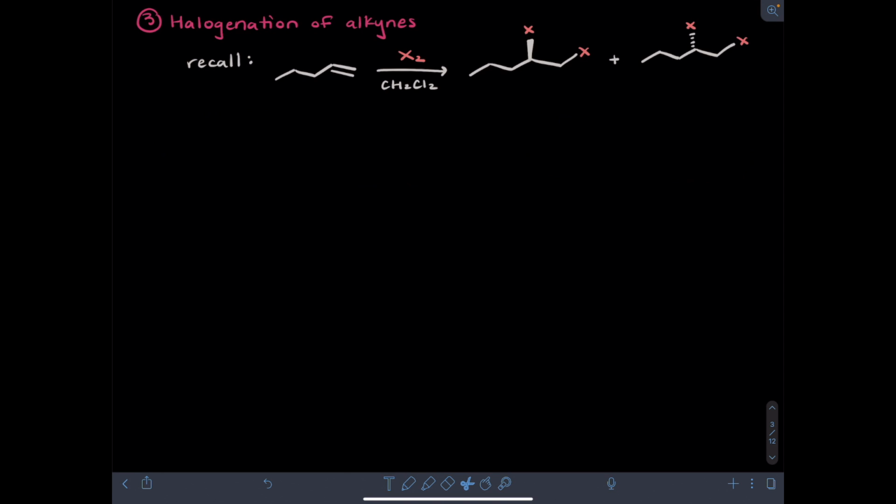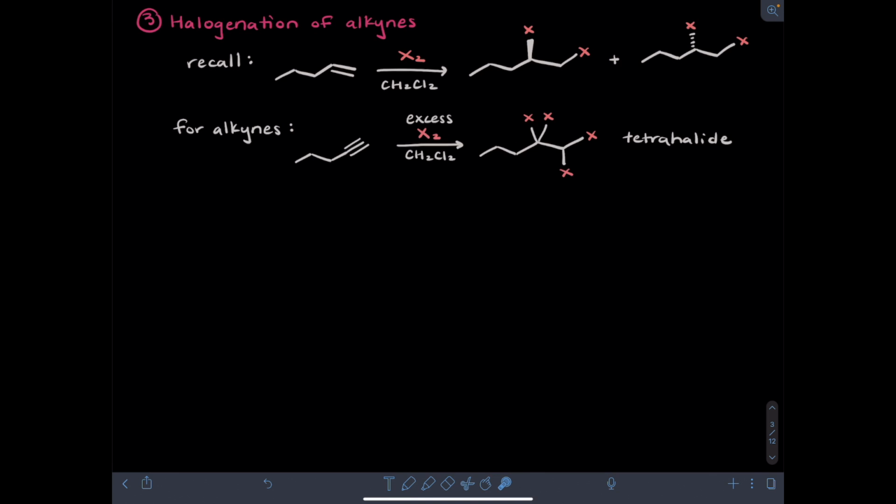We also previously saw addition reactions involving halogens, either chlorine or bromine. In the case of alkenes, halogenation leads to anti-addition of two X groups across the alkene.